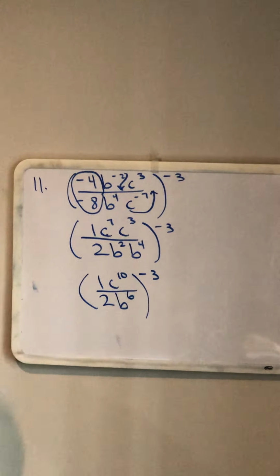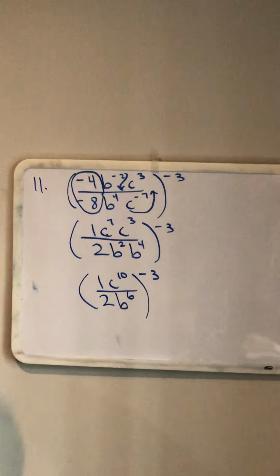From here, I would distribute the power of negative 3. So that means this is going to be 1 to the negative 3rd, c to the 10th to the negative 3rd, over 2 to the negative 3rd, and b to the 6th to the negative 3rd.